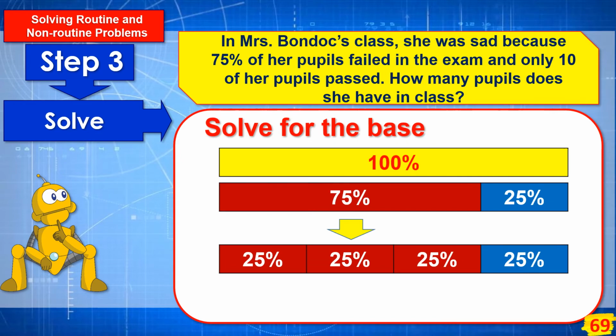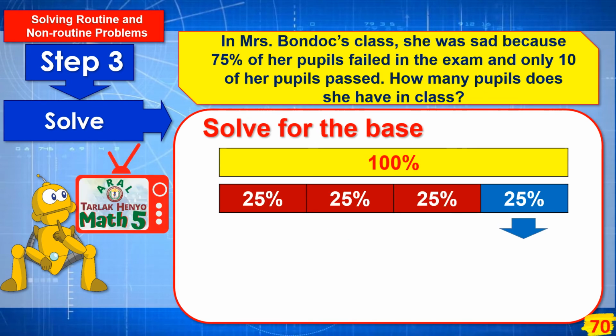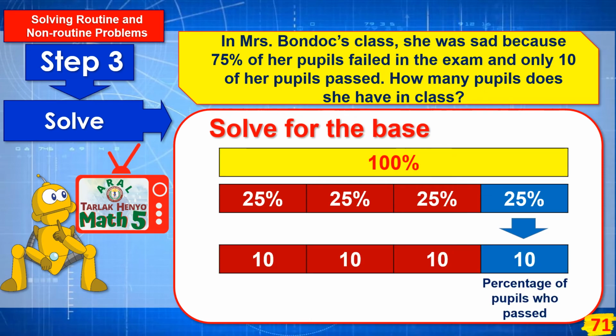We can divide the red bar into 3, since 75% is equivalent to 3 parts with 25% each. Since 25%, the rate of pupils who passed, is equivalent to 10, which is the percentage, therefore, each part of the red bar that represents the rate of pupils who failed is also 10.